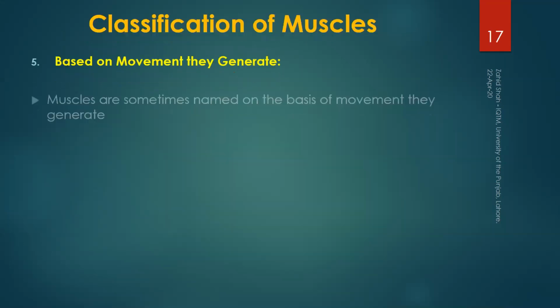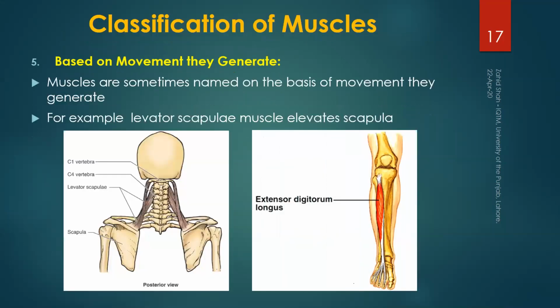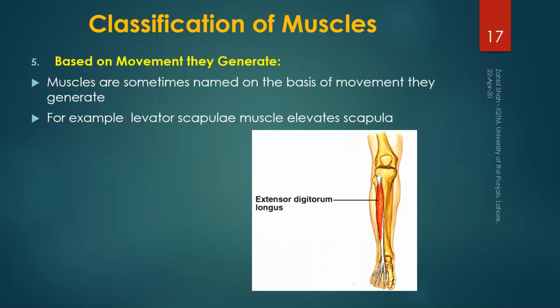You can also identify muscles from the name of the muscle, the movement that they generate. So sometimes their names are based on the movement they generate. So this muscle, extensor digitorum longus, actually generates the movement that is extension. We saw flexion and extension. So extension of digits.